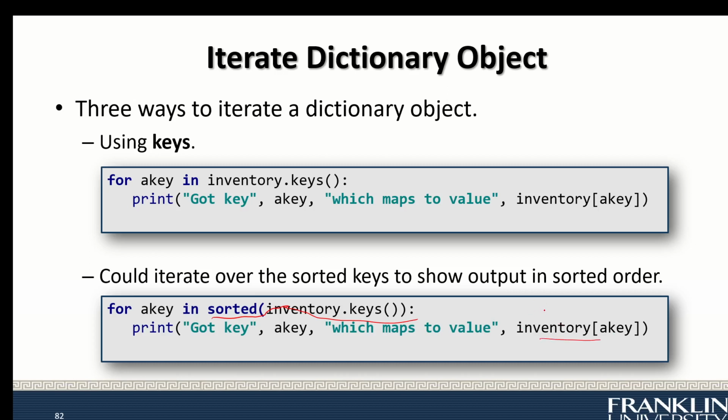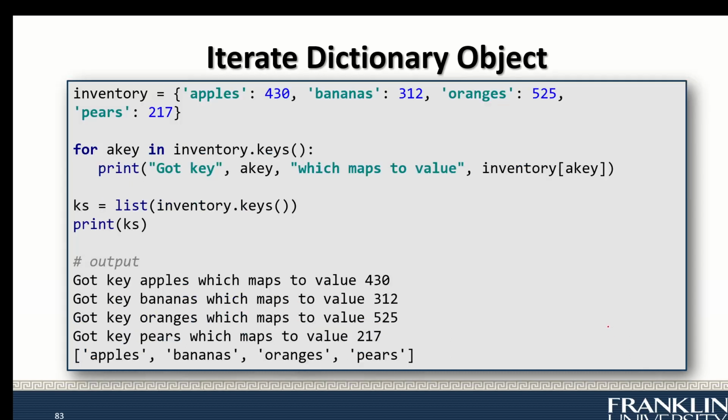Don't forget, dictionary sub key gives you the value. And here you can also convert the keys into a list and print out the keys.